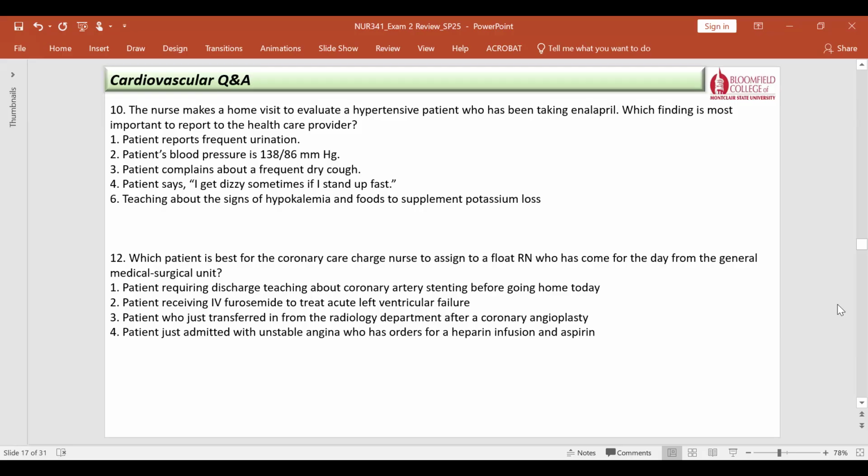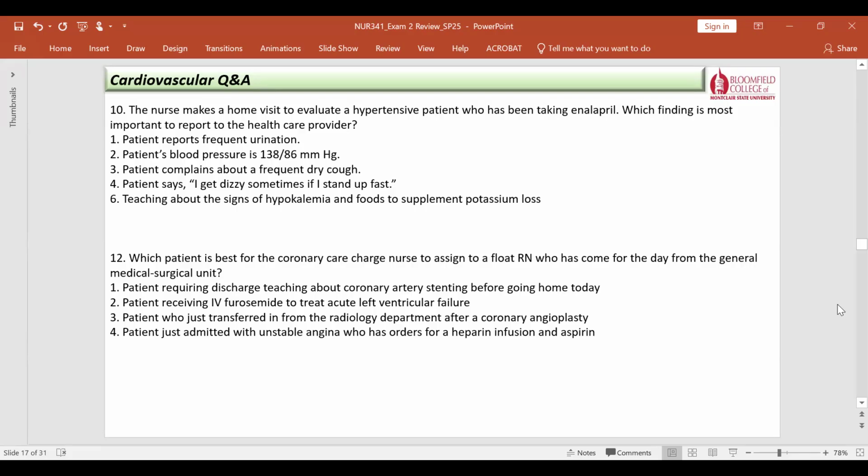So the RN who works on a med-surg unit would be familiar with heart failure and administration of the IV medications and ongoing monitoring for the adverse effects of Lasix or furosemide.